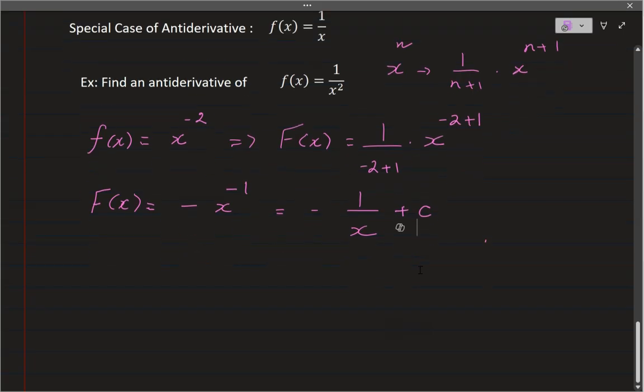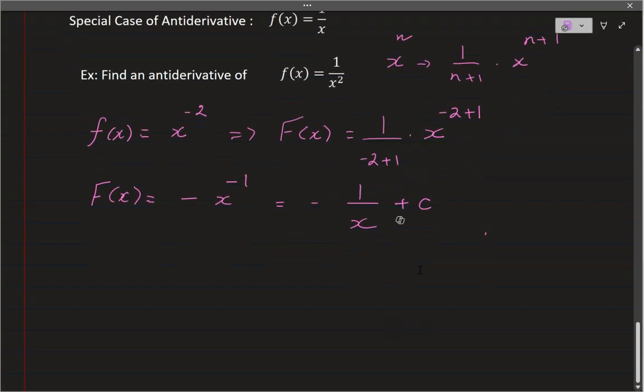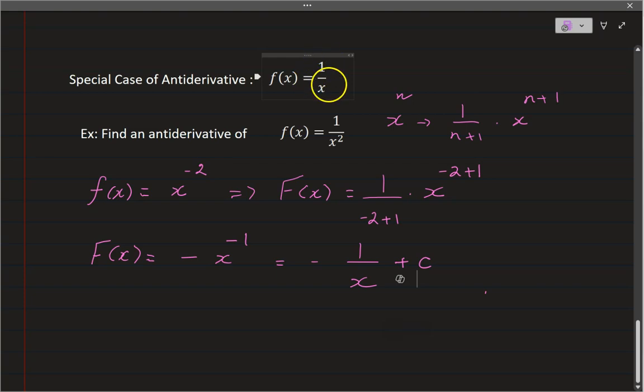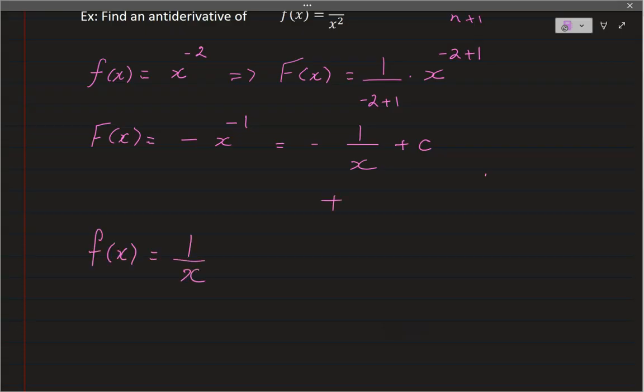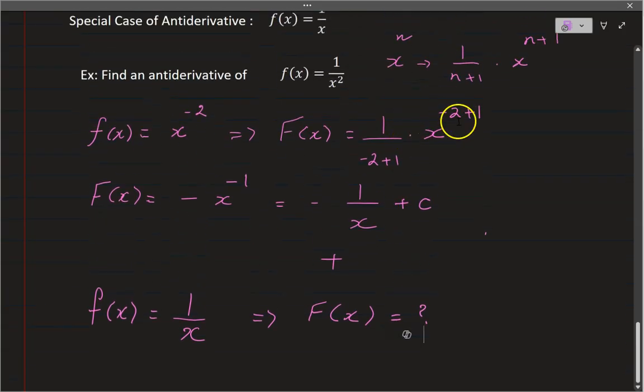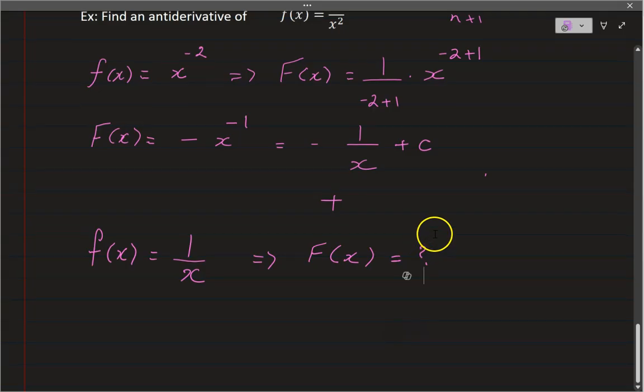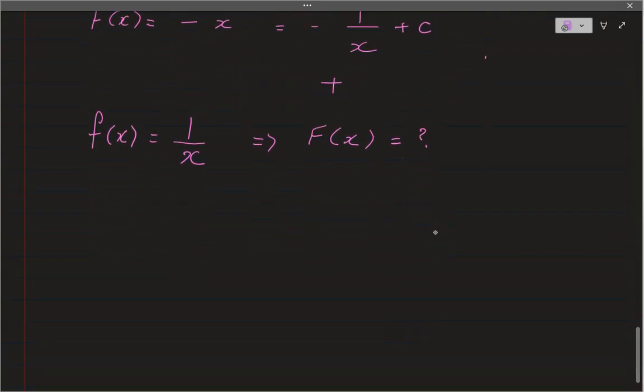Now, what happens if the derivative is 1 over x? So we have now f of x, which is the derivative, is 1 over x. We want to find the original function, capital F of x, the antiderivative. Now, if we follow this rule, you notice that this will not work, because let me quickly write it.